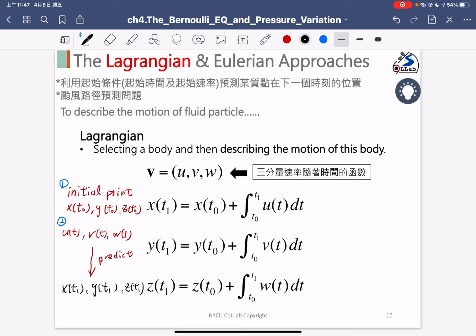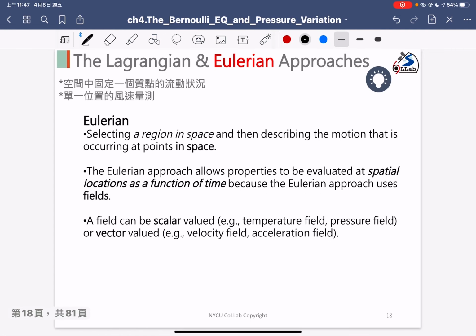So how about Eulerian? For the Eulerian, we don't need the initial point. We only need the velocity as a function of the spatial locations. And at any location, I can predict how large the velocity is. Okay?